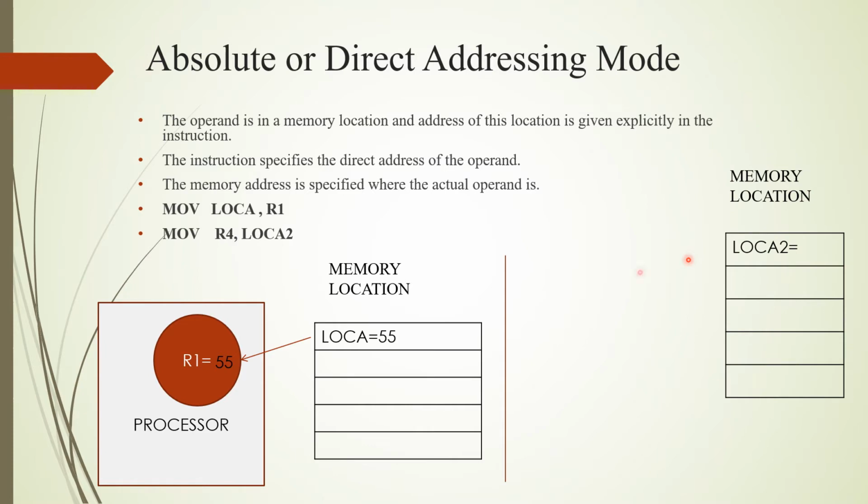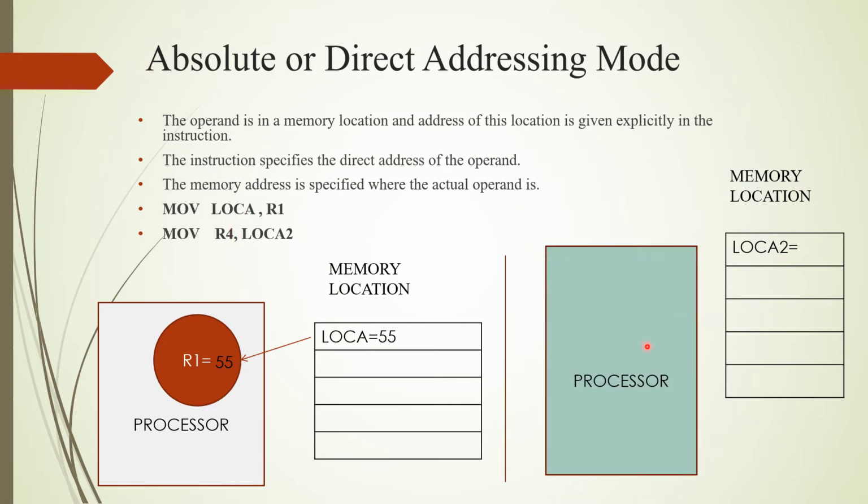Similarly, consider the second instruction. Consider a memory location where we want to store the content of R4. So the content of R4 from the processor, that is 66, is moved to the memory location LOCA2. This is how the direct addressing mode is used in particular instructions.